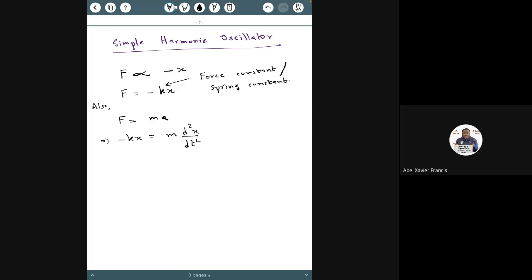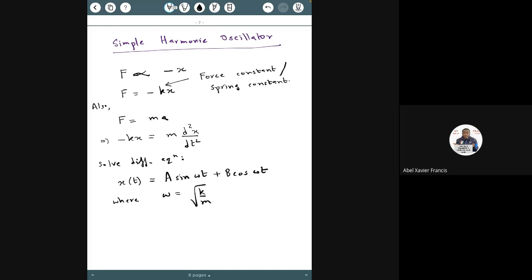And then if you solve this differential equation, you end up with a function which is displacement as a function of time, which has the form a sine omega t plus b cos omega t, where omega is equal to root of k by m.